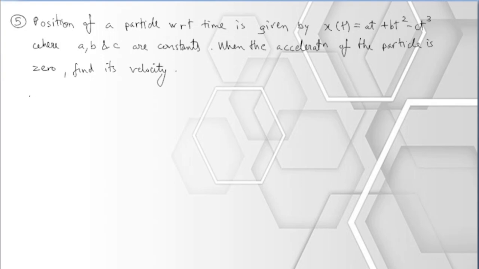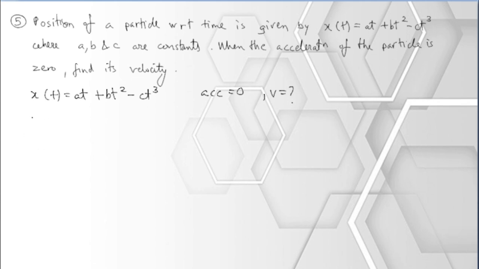So here you are given the expression for the displacement, that is at plus bt squared minus ct cubed, and you are given a condition that acceleration is 0. At the time when acceleration is 0, you have to find the velocity. What is the velocity, right?